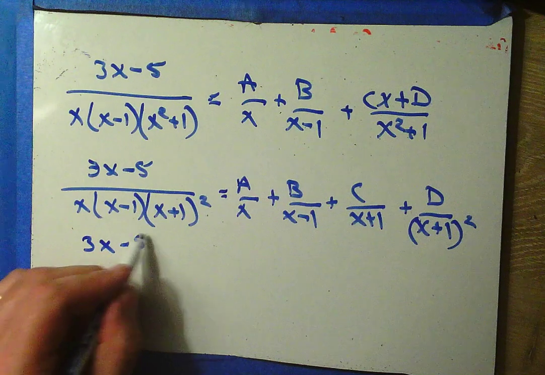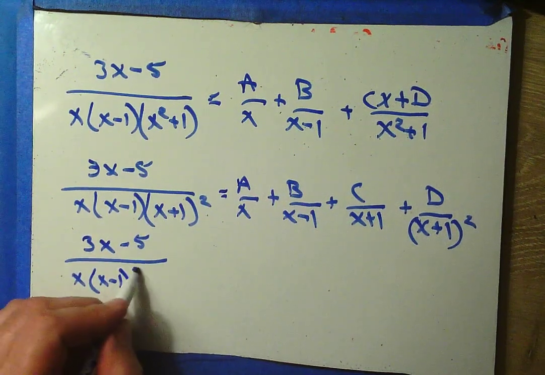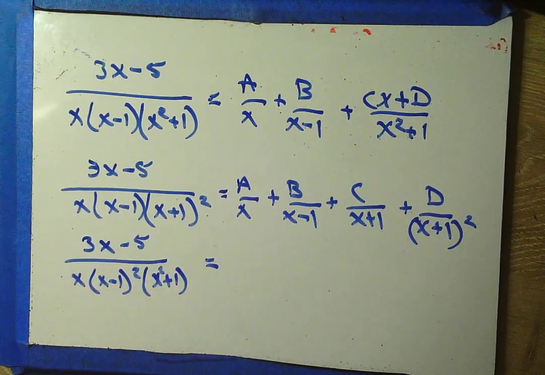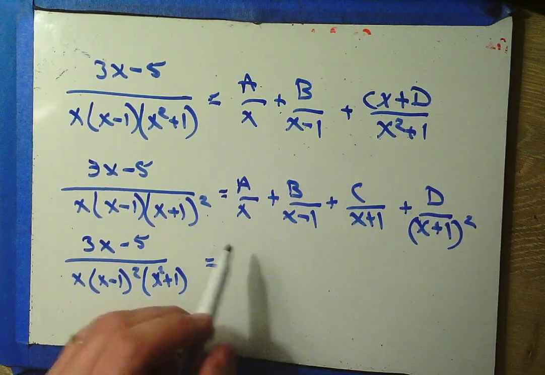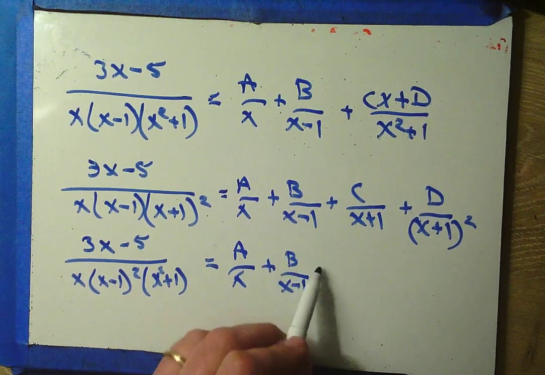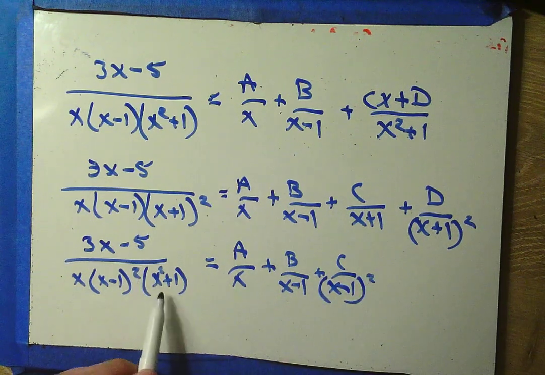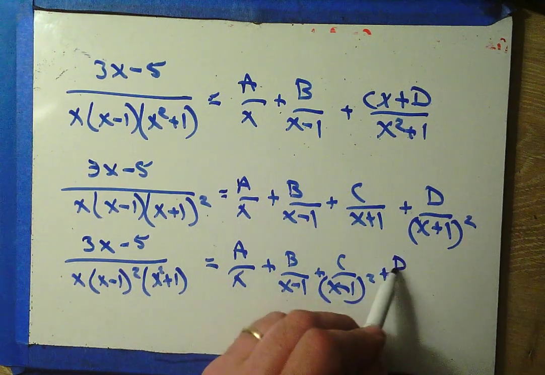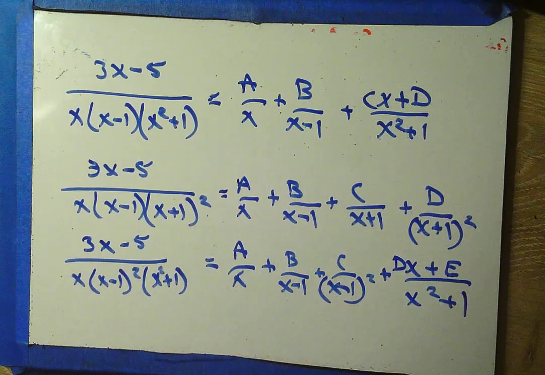And then what if we had this one? x minus 1 squared, x squared plus 1. Okay, so I have case 1, I have case 2, I have case 3. I've got a over x plus b over x minus 1, c over x minus 1 squared, and here's my irreducible quadratic, plus dx plus e over x squared plus 1.